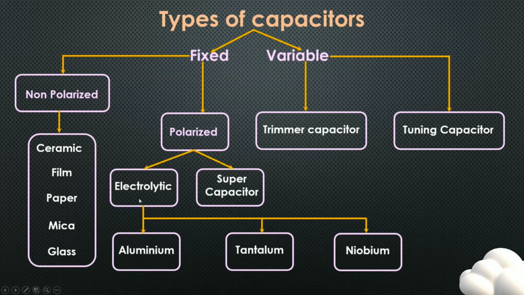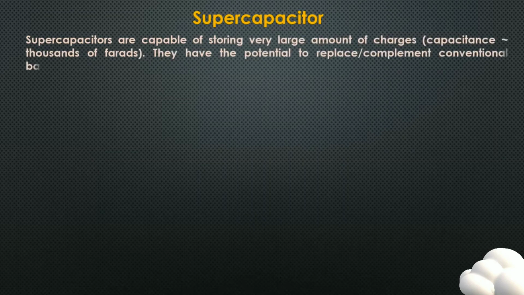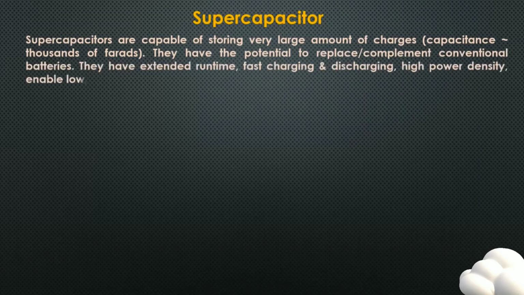At present, when we are trying to understand types of capacitors under the heading of fixed, we have already understood non-polarized, and in polarized we have already gone through electrolytic. So now we will try to understand the second classification of polarized capacitors, which are super capacitors, which have high capacitance value.